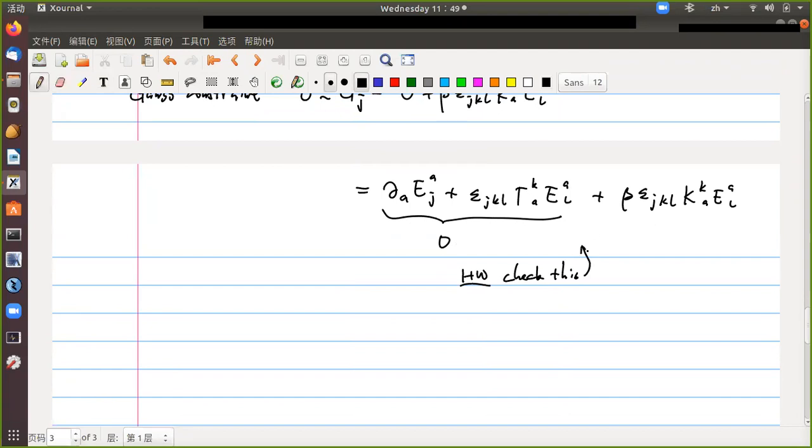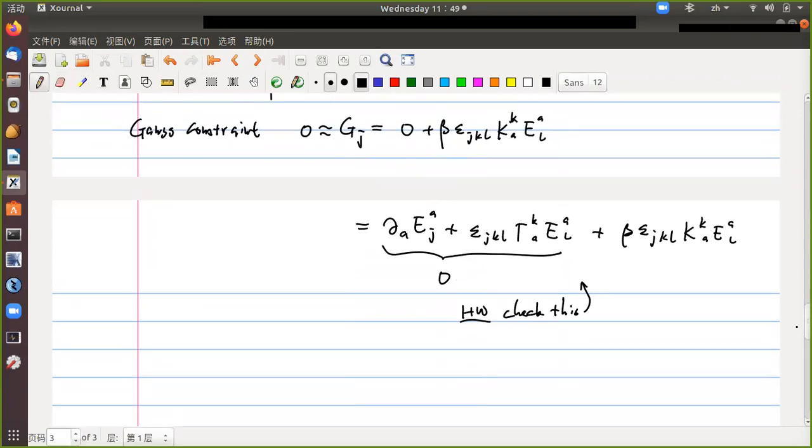Something you may need to be careful about is that this E is a density. E A J is a density of weight 1.